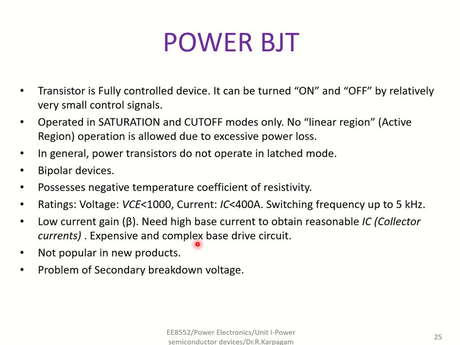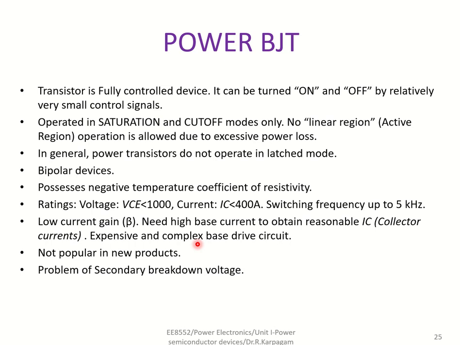So these are the characteristics of power BJT. The transistor is said to be a fully controlled device since on and off are controlled by a small control signal. It operates in saturation region and cutoff mode. The transistor is a bipolar device. It possesses a negative temperature coefficient of resistivity.